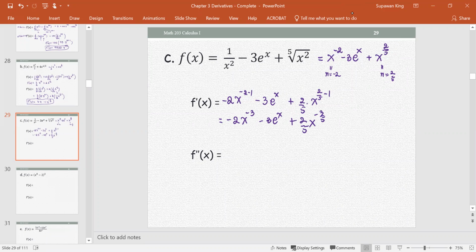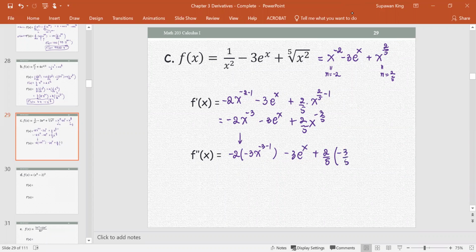And then we continue to find the second derivative. The second derivative is the derivative of the first derivative. So the coefficient negative 2 multiplied by the derivative of x to the power negative 3, or negative 3 x to the negative 3 minus 1, minus 3 e to the x, since the derivative of the exponential function is the same form as the exponential function, e to the x. The third term, coefficient 2 over 5, multiplied by the derivative of x to the negative 3/5.